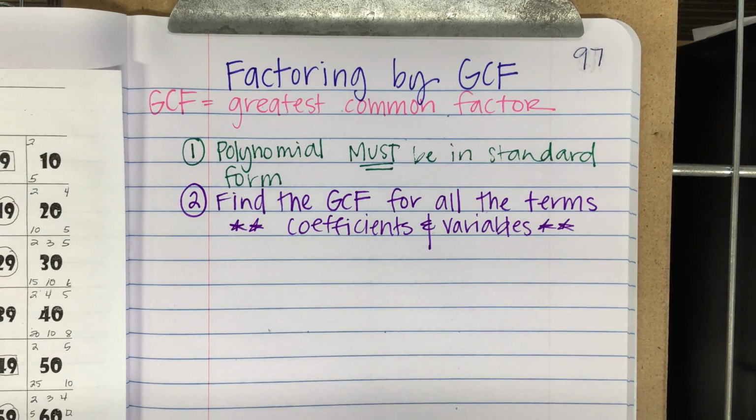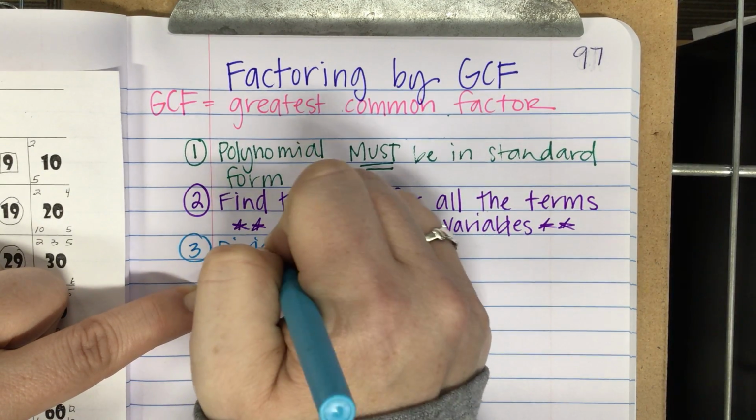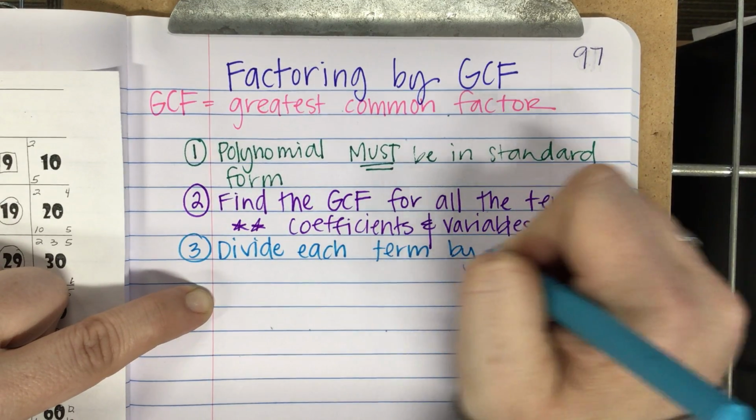We have to say the greatest common factor, because we are doing an algebraic polynomial, it has variables in it. We not only look at the numbers, coefficients, but we look to see what variables they share. Maybe they share multiple variables. Once we do that, we're going to divide each term by the GCF.